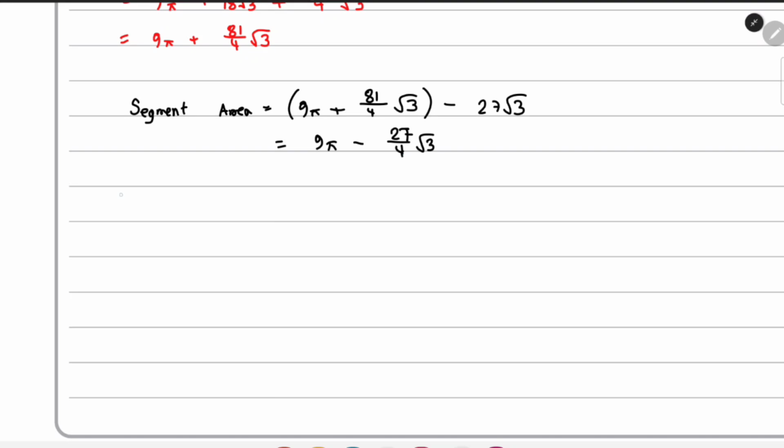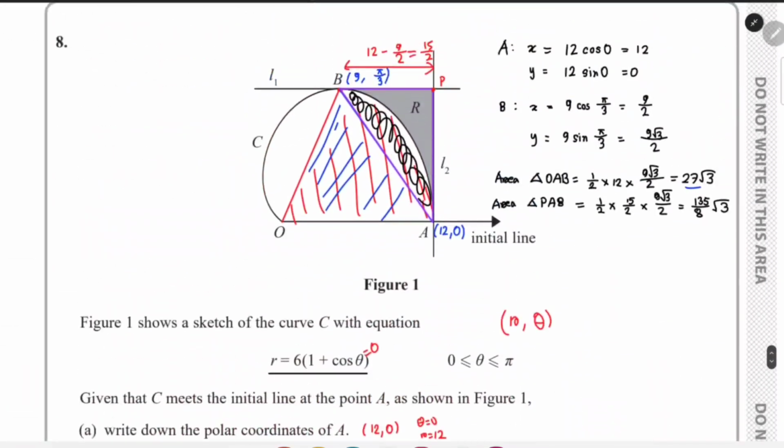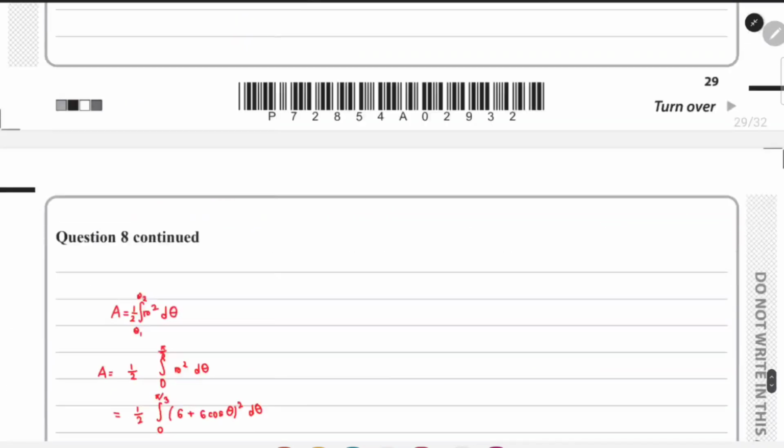We're still not done. The shaded area will be equal to the area of the purple triangle, so area of triangle PAB, minus the area of the segment. So the area of triangle PAB we have calculated earlier. So this purple one, this entire triangle, is 135 by 8 root 3.